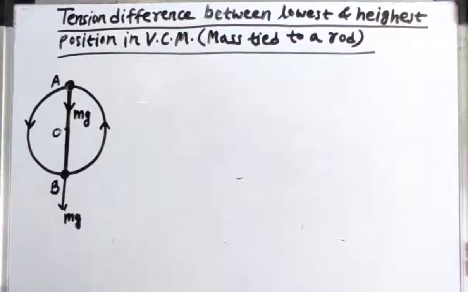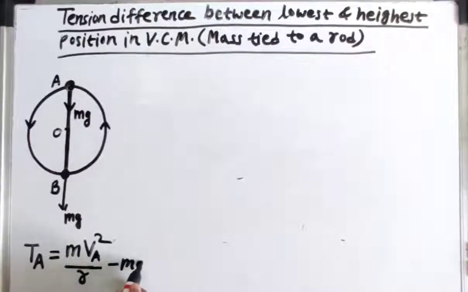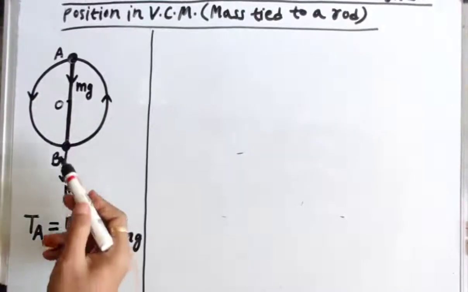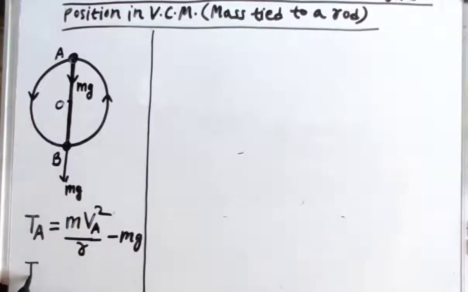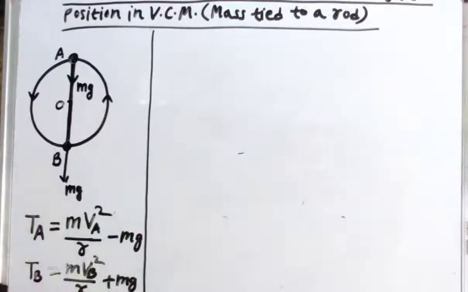Therefore, for the highest point, we can write tension at the highest point is equal to m vA square upon r minus mg. Here vA is the speed of this object at the topmost position. Similarly, for the lowest position, tension at point B is TB equal to m vB square upon r plus mg. Here vB is the velocity of the particle at the lowest position.